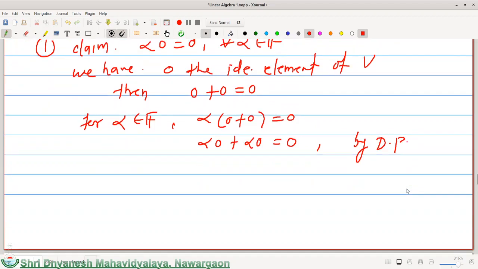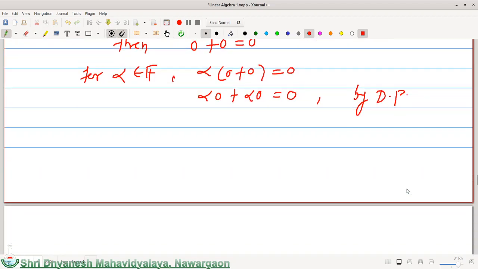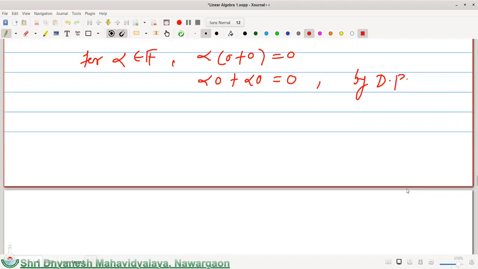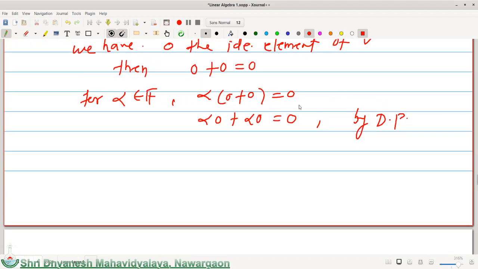You don't write DP there in your notes. Okay, you write it fully: by distributive property. So next, I have multiplied alpha on the right hand side too, so there it is, alpha into 0. Okay, so now as 0 is the identity element, we can add that identity element on the right hand side.